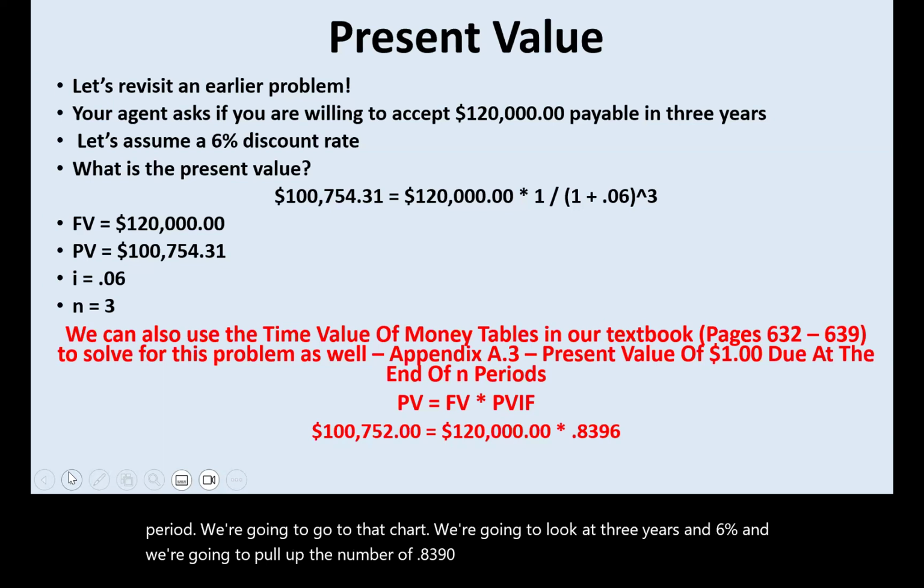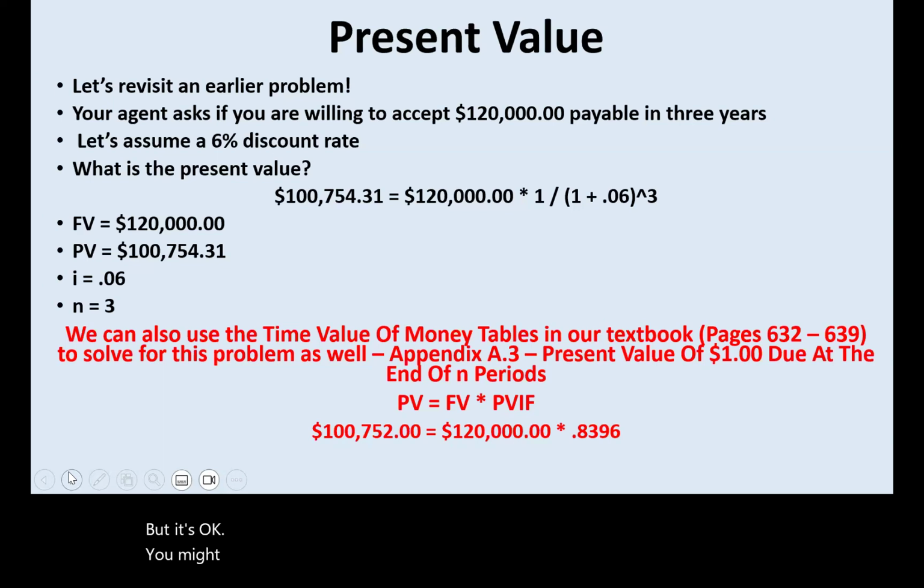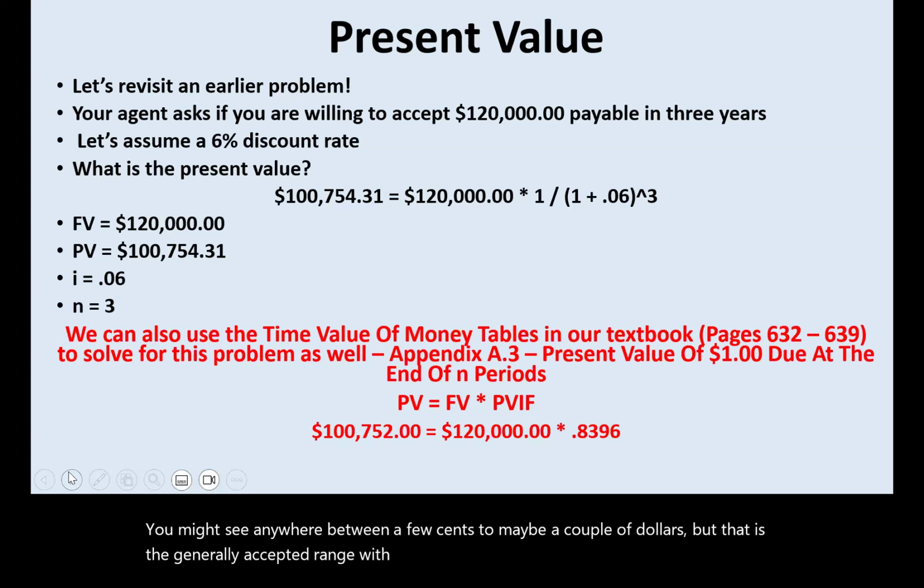We're going to multiply that by our future value, which is 120,000, and that gives us 100,752. Now notice there's a little bit of a rounding issue, but it's okay. You might see anywhere between a few cents to maybe a couple of dollars, but that is the generally accepted range with regard to using the chart in comparison to the formula.